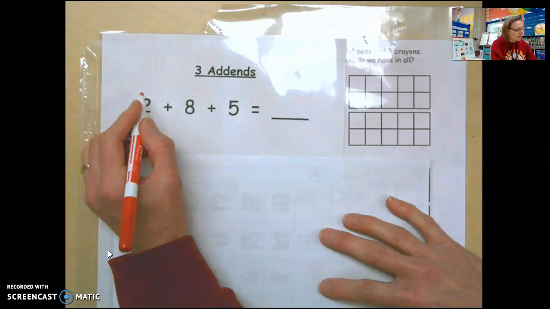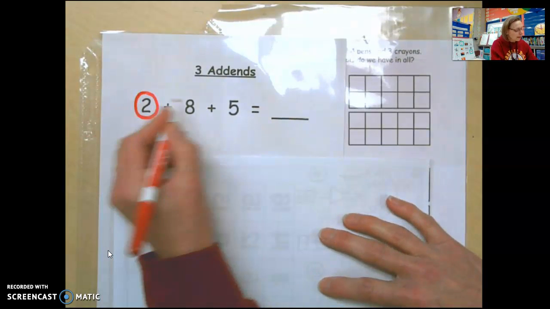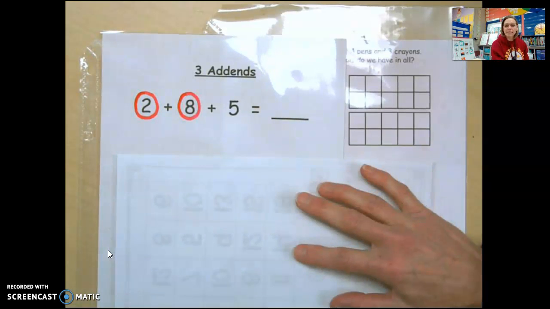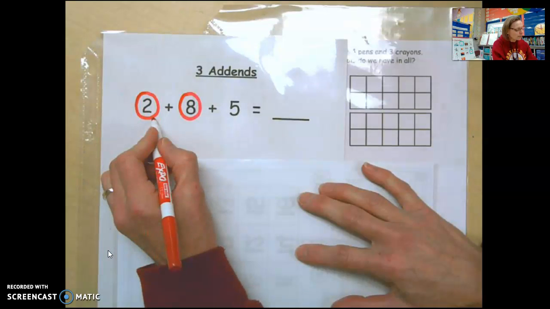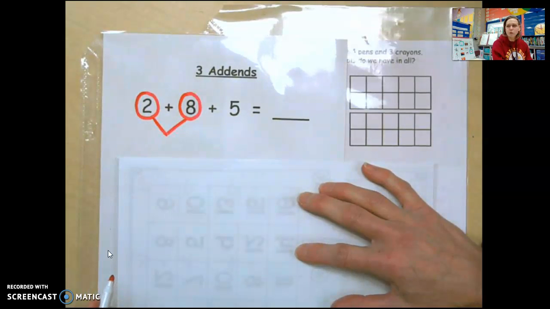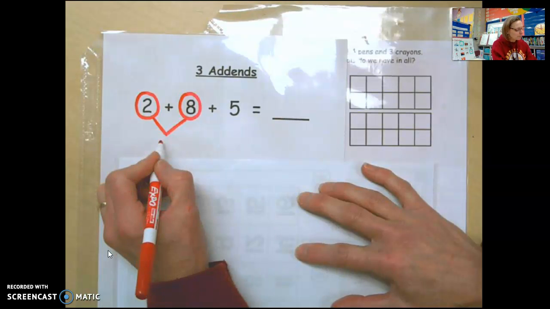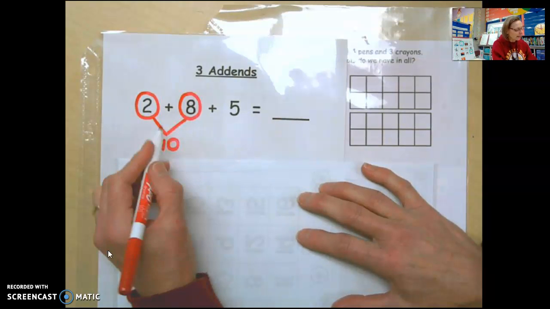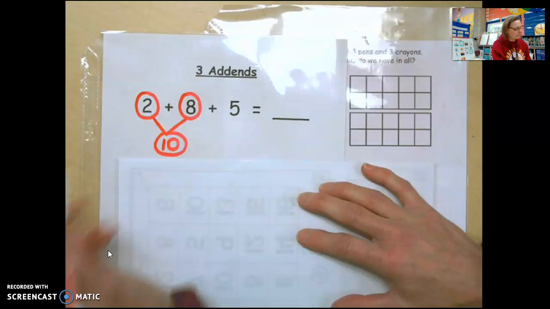All right, I see a 2 and an 8. So I'm going to circle those to make sure that I see them. And what I'm going to do is I'm going to pull these little lines down and kind of bring them together. Okay, that's what those 2 lines mean. And I'm going to put what they total down here. So I know that 2 plus 8 equals 10.